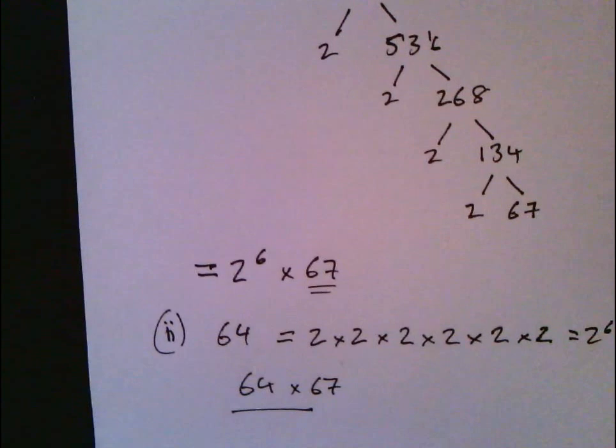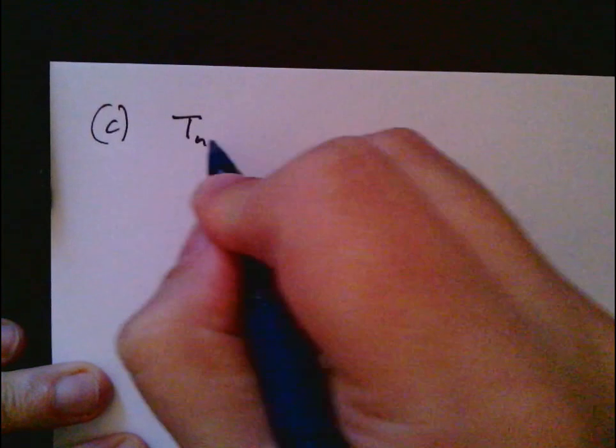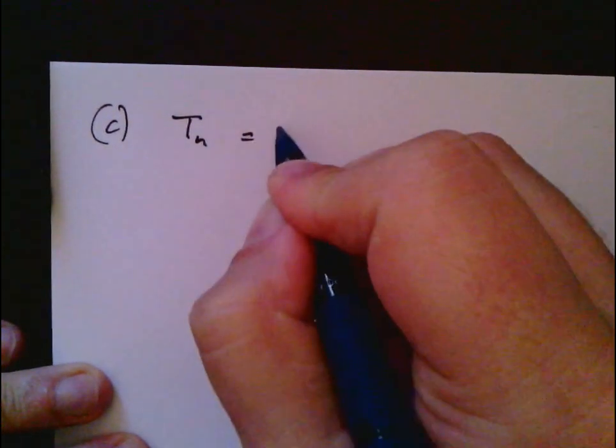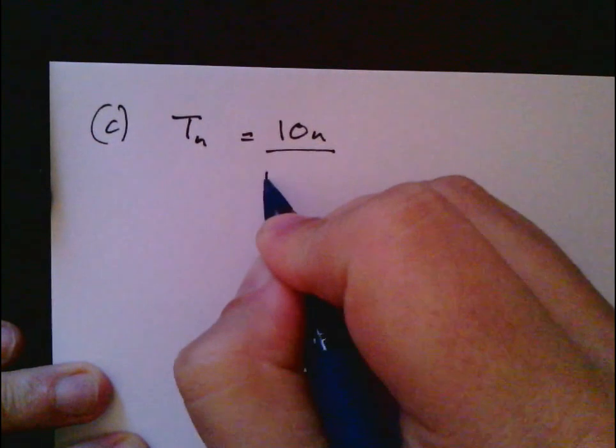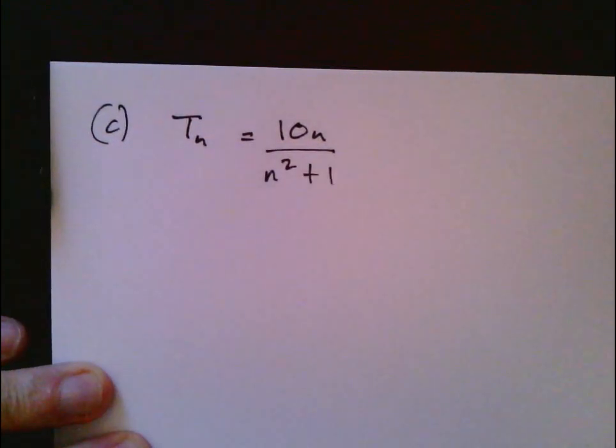Part C, nth terms. So t to the n is 10n over n squared plus 1.